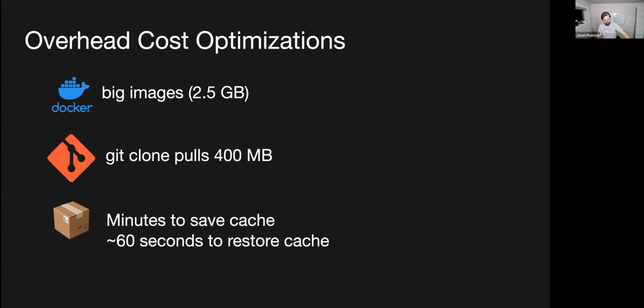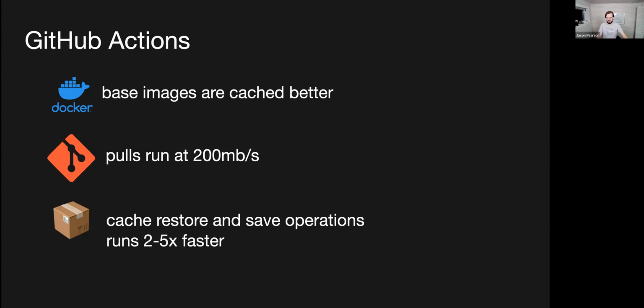Originally, I spent a bunch of time trying to make this work on our old CI provider. And then recently, I've looked at GitHub Actions and seen that, A, the base images are cached much better. They're basically instantaneous. Git pulls run about 200 megabytes per second. So even with a couple hundred megs of repo, it should be pretty fast.